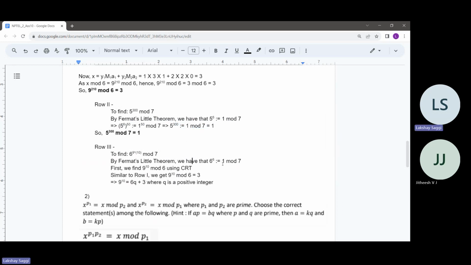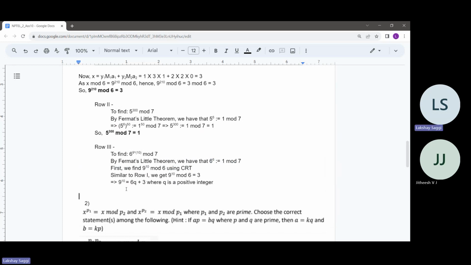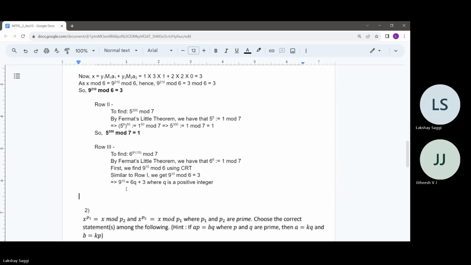But we did not know here by how much power we should raise. So from here we get an idea that if we raise both sides to a power of q, we don't know what this q is, but let's say there was this q, then we will have a very nice property, as you see. So if we raise both sides to the power q, we'll have that. Maybe I should write this.